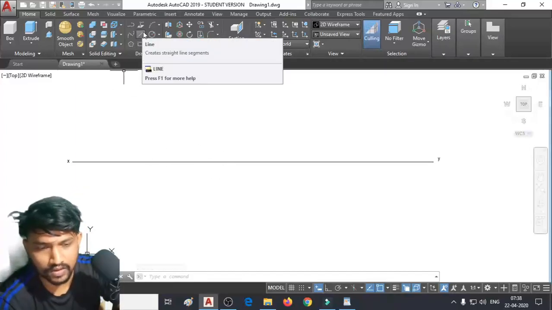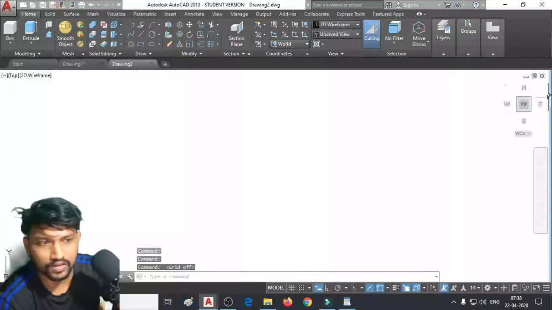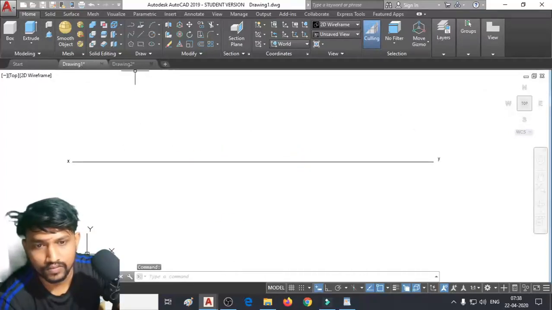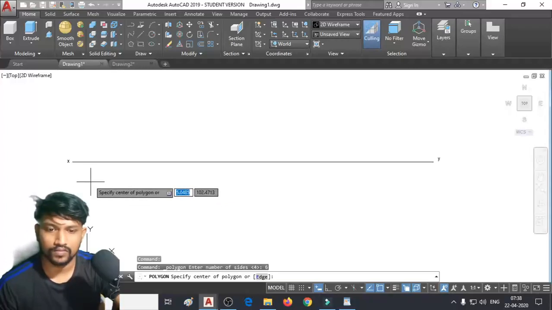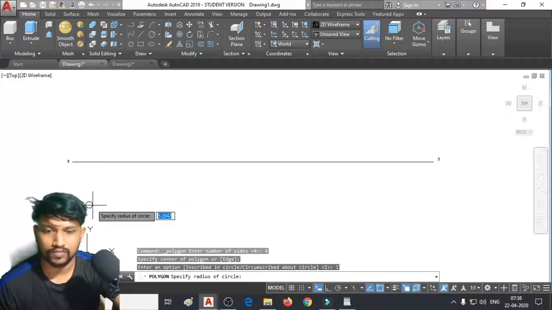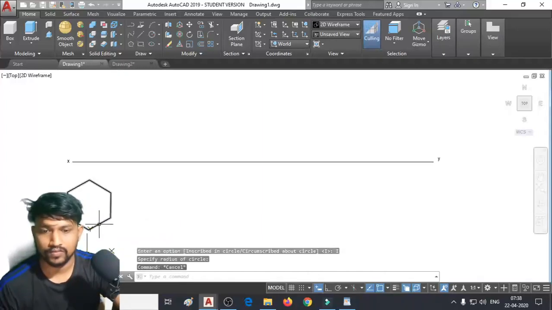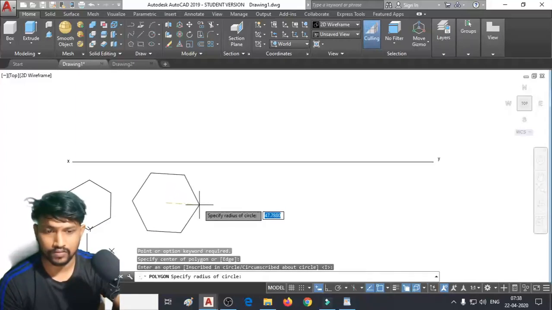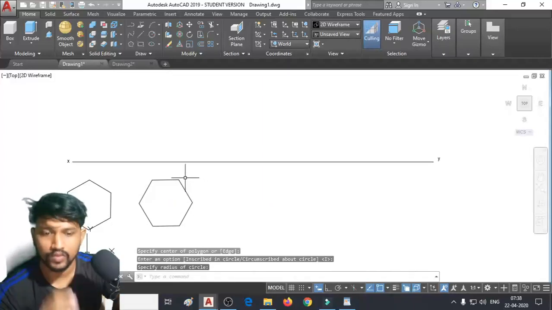Okay, now let me draw the hexagon. So how to draw the hexagon? This way we can draw the hexagon. In this way also we can draw the hexagon.